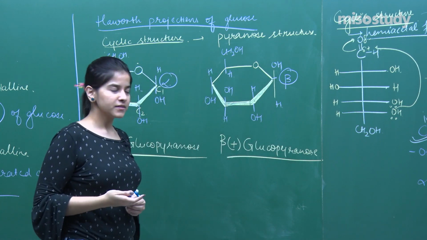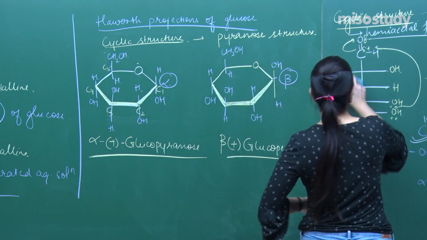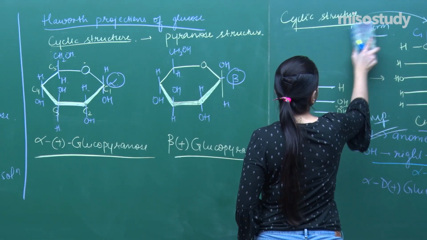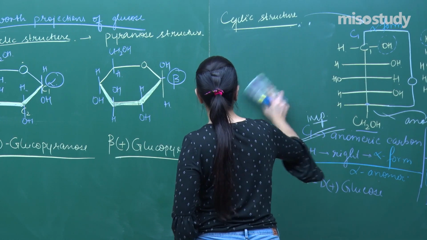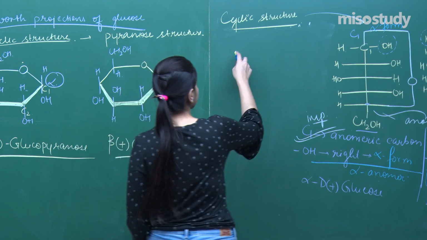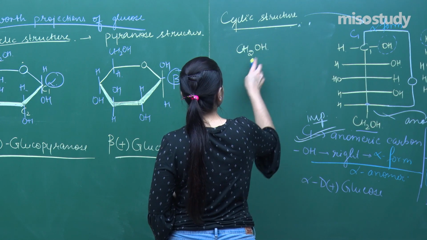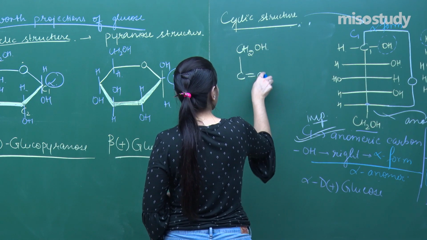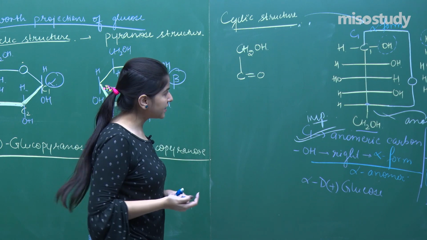Clear? Now let's take up the structure for fructose, right? So now it will not be in hemiacetal form but a hemiketal form in the case of fructose. Let's do that. So what is the structure for fructose? It's CH2OH, remember or not? C double bond O, and the rest of the things will remain the same.